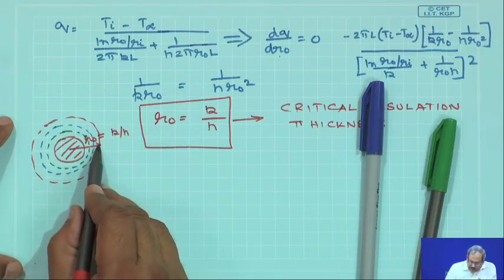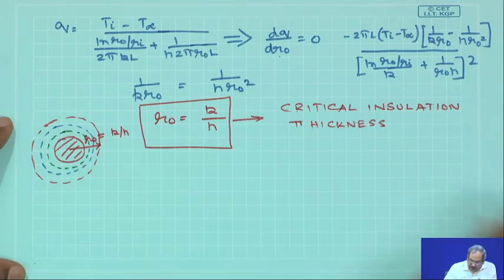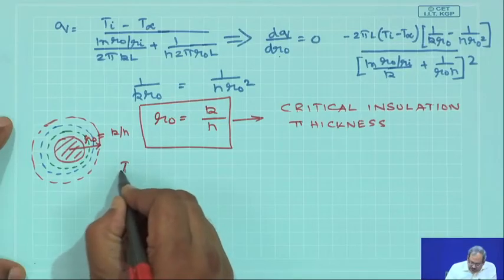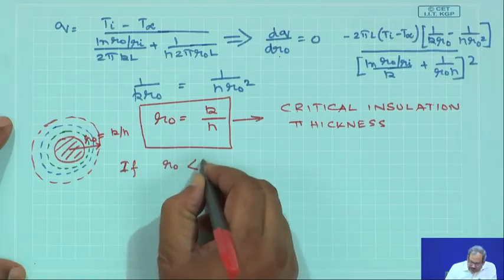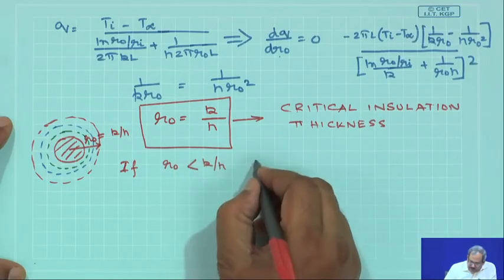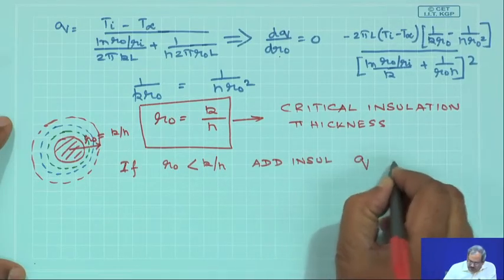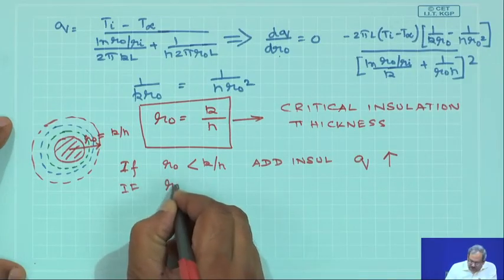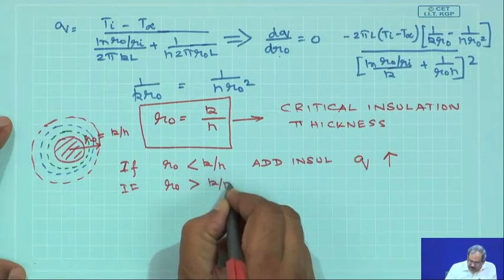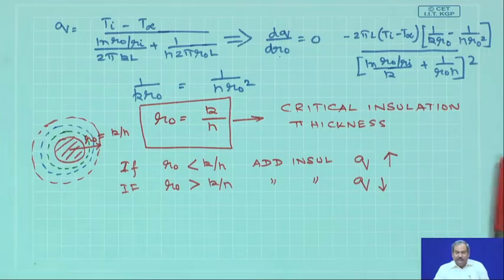As long as you are below this value, less than k by h, your Q will increase. So, if r 0 is less than k by h, add insulation, Q will increase. If r 0 is greater than k by h, add insulation and Q will decrease. So, this is the concept of critical insulation thickness.